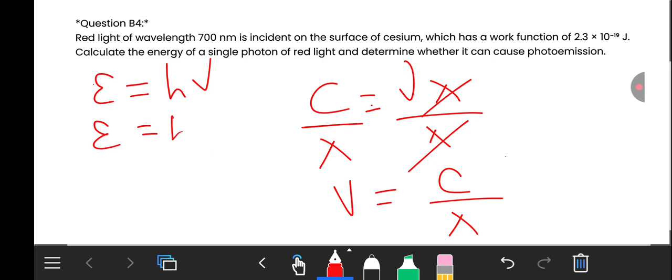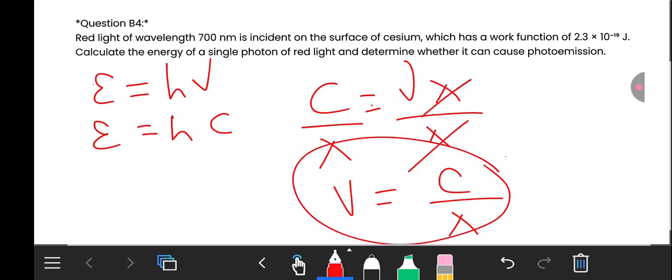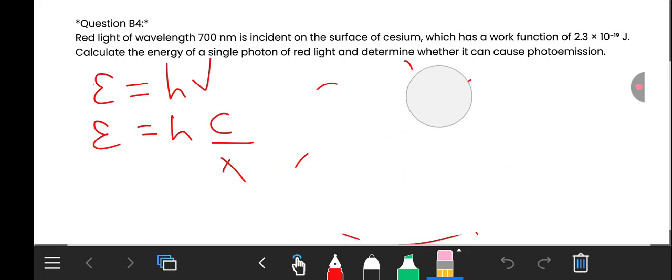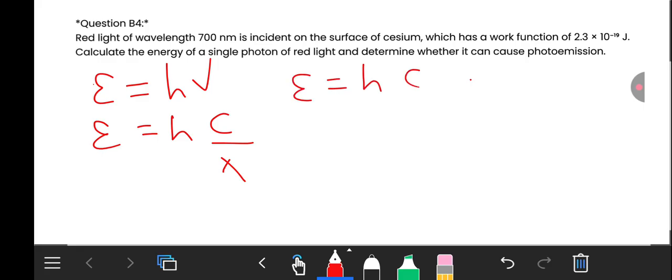So our energy will be equal to Planck's constant multiplied by speed of light over wavelength, substituting this for the frequency. So this is the formula we are going to use.